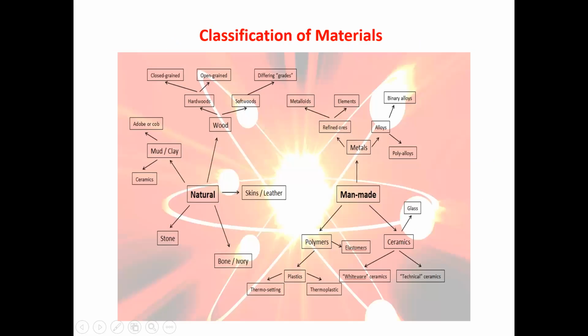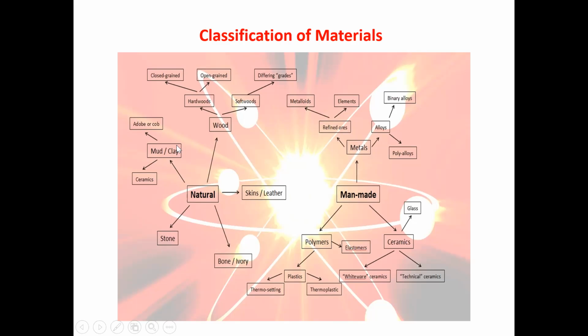This is the classification of the materials, which is a very big one, which you have studied earlier also. There are some natural materials, there are some man-made materials. This is natural materials under the Stone Age, where stone, skin leather, mud, clay, wood, bone and ivory were the major materials used in Stone Age.